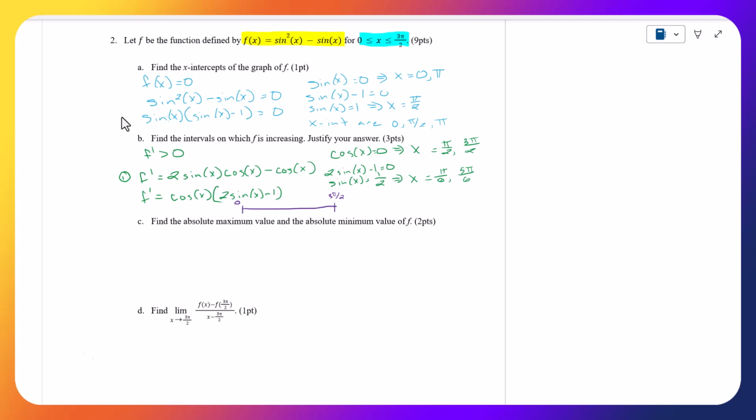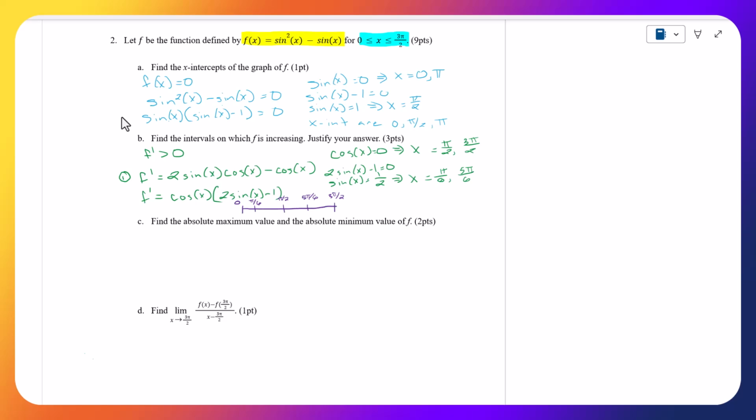And I'm putting my critical points on, so we end up with, I'm going to put it in order, pi over 6, and then the next one would be pi over 2, and then 5 pi over 6. All right, and here's where I'm going to do the mental math.